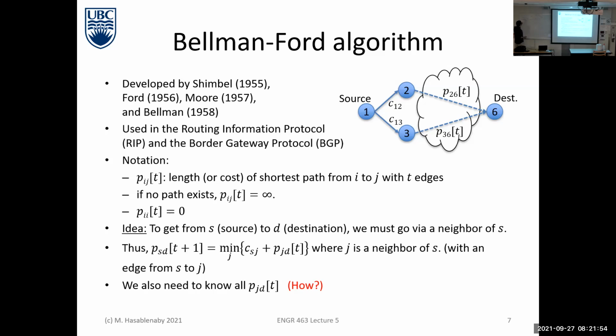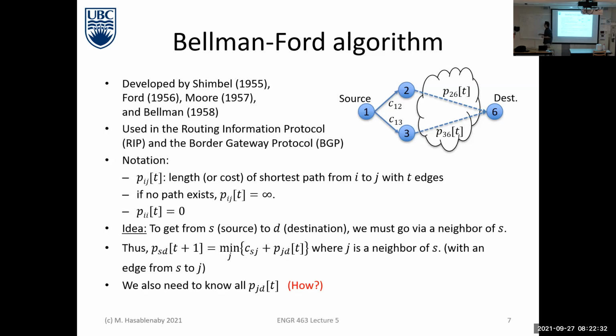So here I will add the cost from the source to node 2, plus the base cost from node 2 to the destination, where the base cost from node 2 to the destination is the cost along the remaining links on the way to the destination.